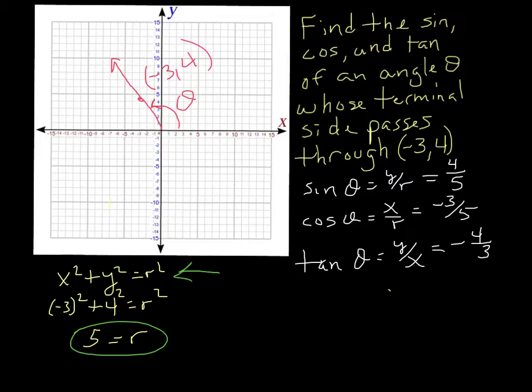Cosine is x over r, which would be 3/5. And tangent is y divided by x, which is negative 4/3. So simply by knowing the coordinate and the value of r, the radius of a circle that point would lie on, we can find the trig values of that particular angle.